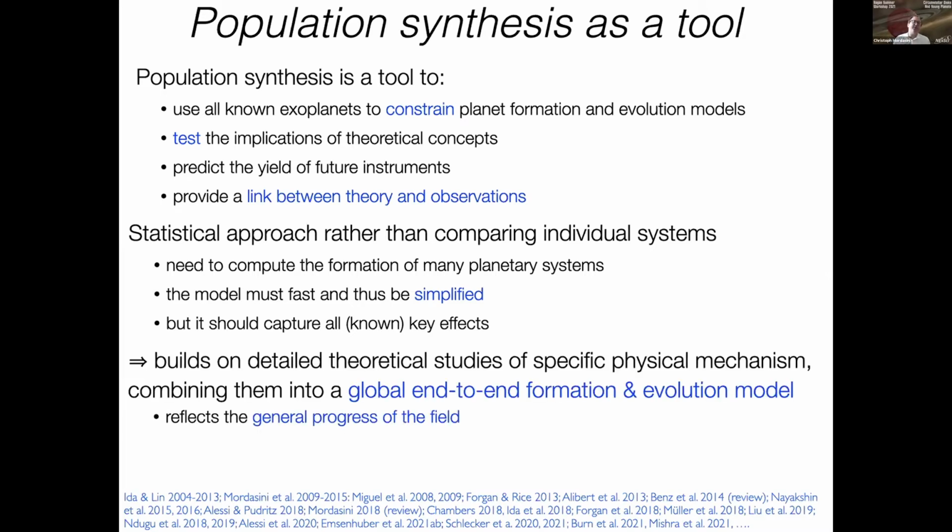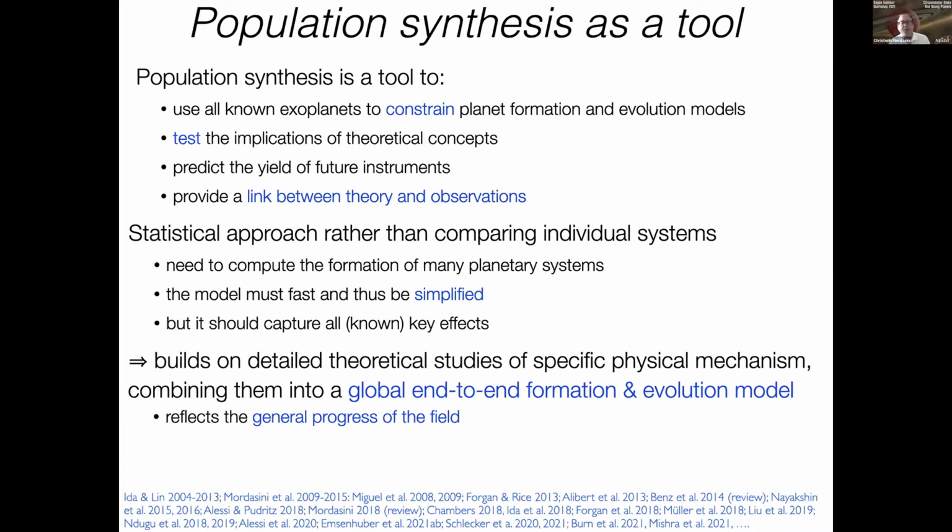So what we do here is develop a global end-to-end formation and evolution model, which builds on detailed theoretical studies of specific physical mechanisms, and we then combine them into such an end-to-end model. What end-to-end means in this context is that we really start with small objects in a protoplanetary disk, and we want to directly predict a full-fledged planetary system with observable properties.